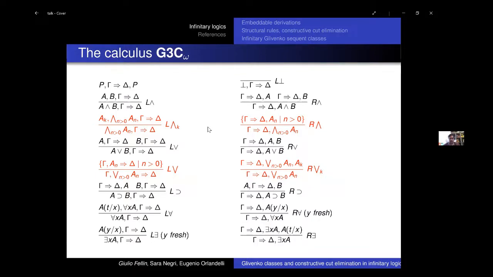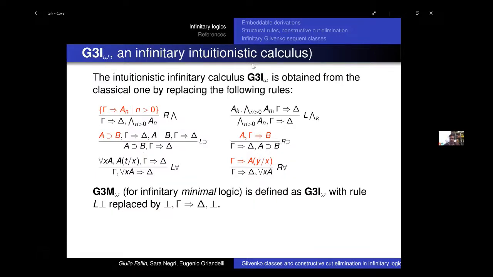Okay. Then we have the intuitionistic calculus. So the intuitionistic infinitary calculus G3I omega is obtained from the classical one by replacing some rules. The rules for implication and universal quantifier are the usual ones. And we also replace the right rule for infinitary conjunction by removing the context on the right-hand side.